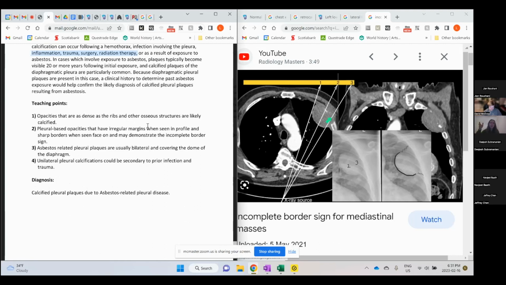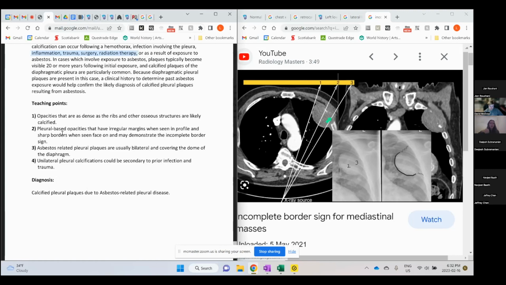Something helpful to know if it is pleural in origin is, if you have both PA and lateral film, you can triangulate it that way, but there are also indirect signs, like the incomplete border sign, that we can use to deduce something is extrapulmonary.